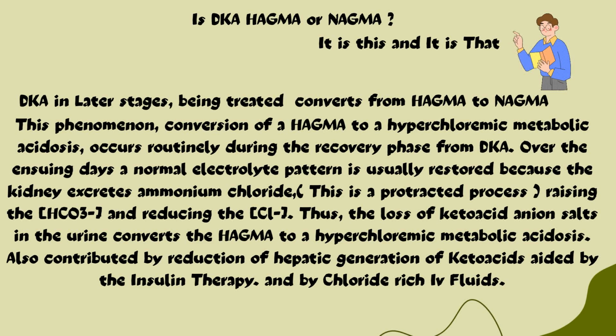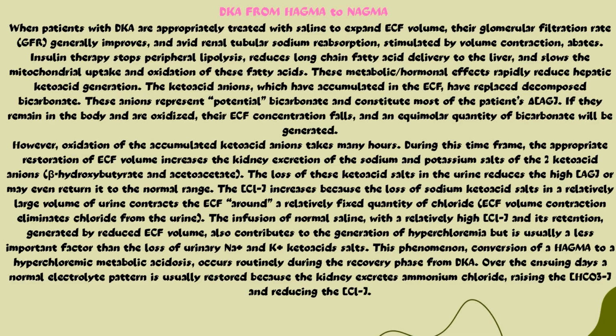Similarly, DKA initially presents as a HAGMA and subsequently on volume repletion gets converted to a NAGMA. DKA, similar to toluene toxicity, initially presents with the HAGMA and subsequent to volume repletion with sodium chloride containing fluids gets converted to a NAGMA.